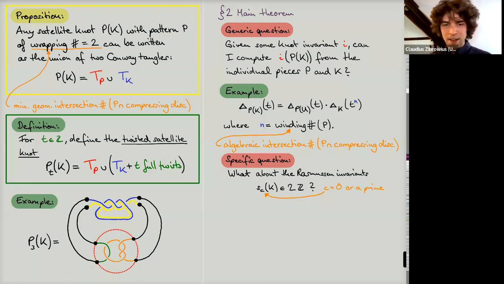So briefly, the Rasmussen invariant is an integer invariant that you can extract from an equivariant version of Khovanov homology. How this is done, I will explain later towards the end of my talk. But for now, let's just take this as a black box invariant. It's some integer, actually an even integer, which you can extract from this Khovanov homology.